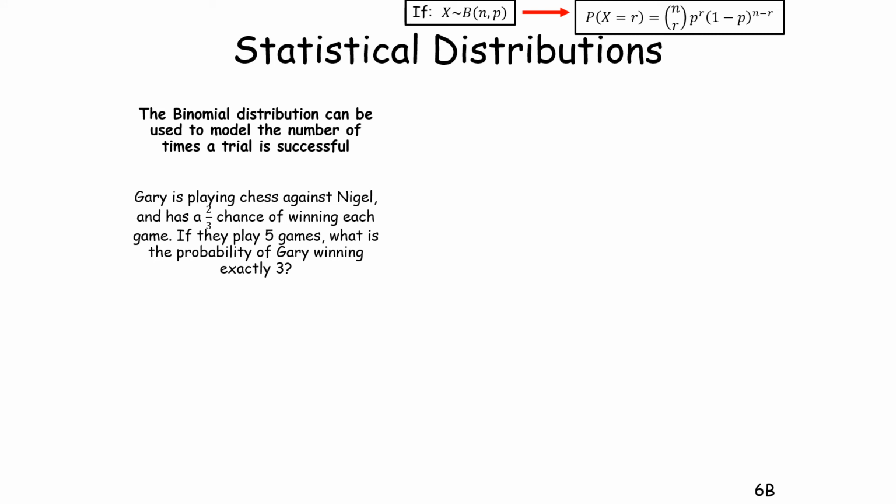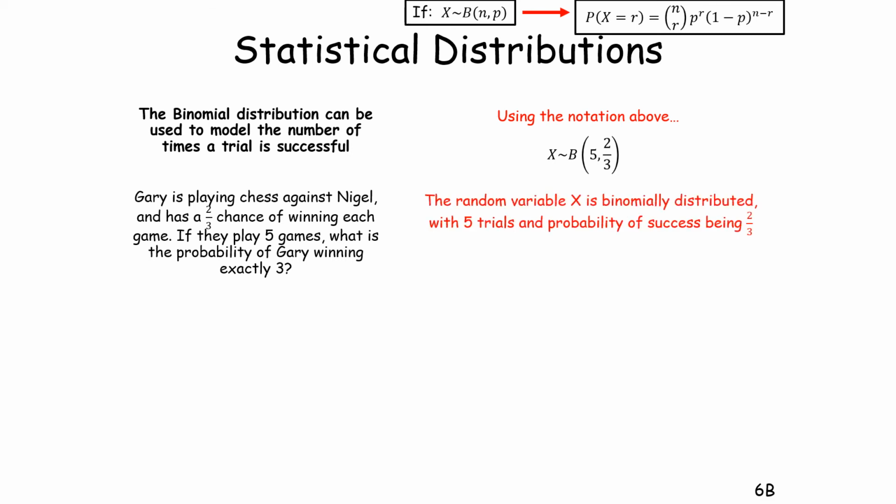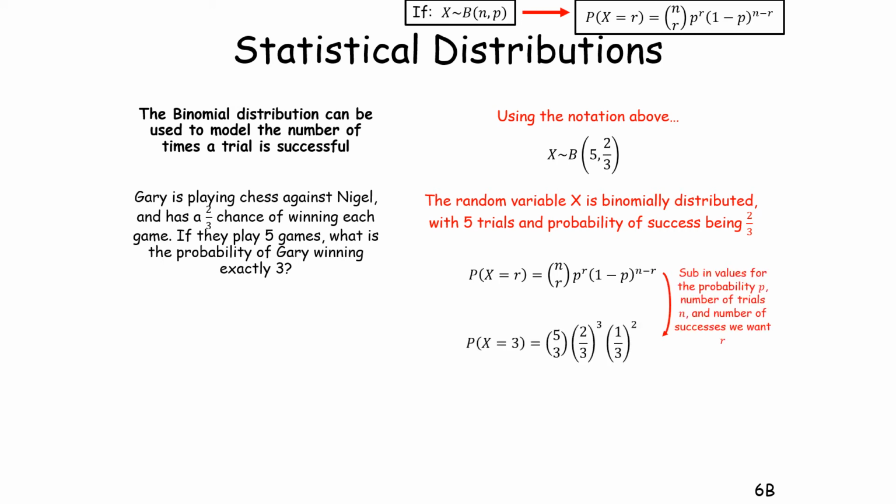So let's go back to our problem of Gary playing chess against Nigel. Using the notation above, we could represent this in this form. So straight away, when you get a worded question like that, you could write it like this. X approximates to binomial, 5 trials, and success is 2/3. And we're interested in finding Gary winning exactly 3 games.